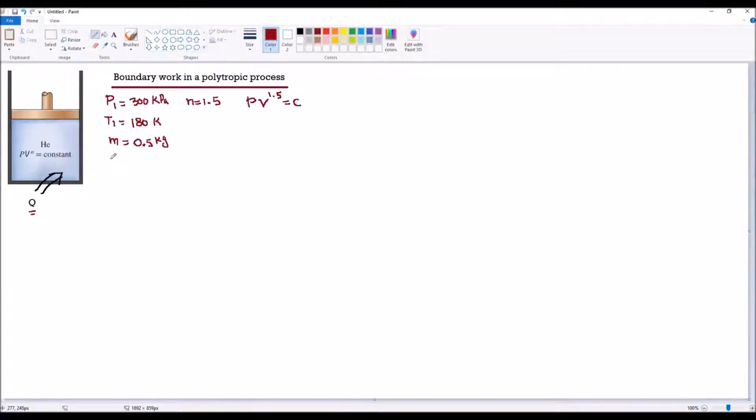The reason is that because it's a polytropic process, this is not a piston that is freely moving. It means that there is some restriction on the move of the piston so that it follows this equation instead of being a constant pressure process. Constant pressure process is a special polytropic process where the exponent is equal to 0.